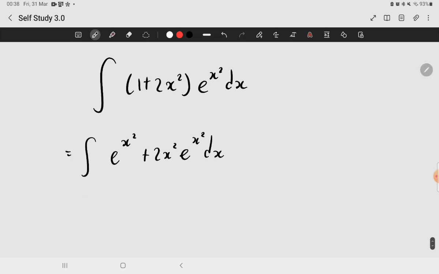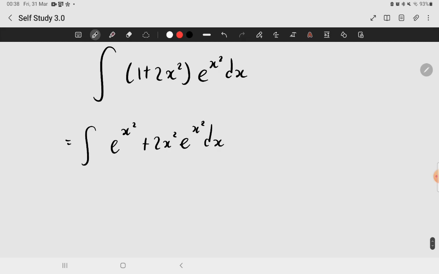And now we have to separate the integrand so that I can show you more clearly. So here we have the first term, which is e to the power of x^2 dx, plus 2 times x^2 times e to the power of x^2 dx.